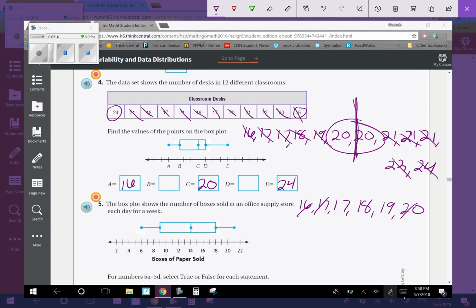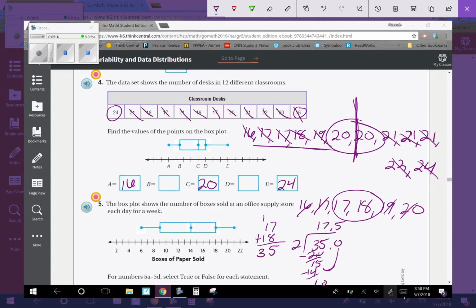Find the median. 17 and 18. 17.5, that is my lower quartile.